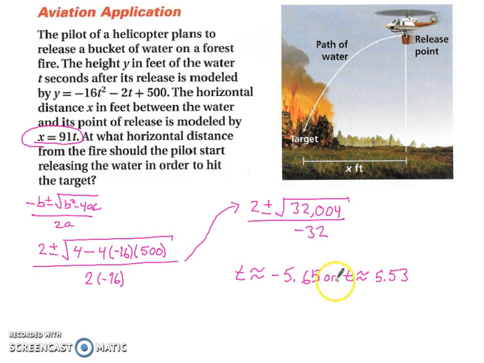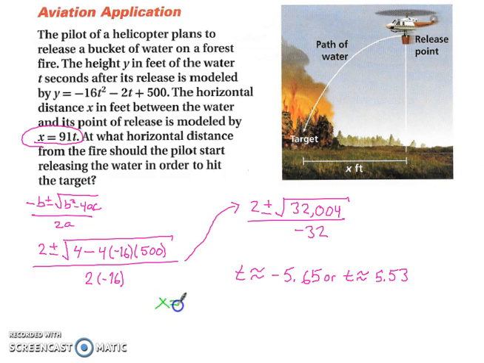Would it make sense to multiply by a negative number or a positive number for this problem? A negative number wouldn't work because it's trying to tell you that your time is negative. You can't have a negative amount of time. So let's look at our positive number. So we're going to use a different color.